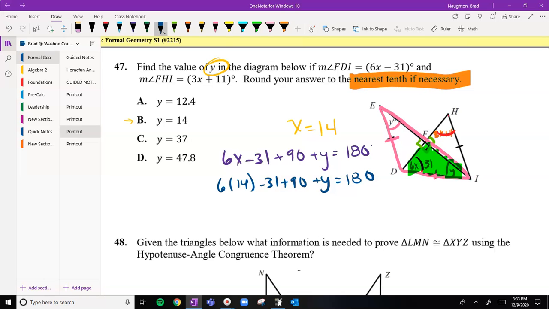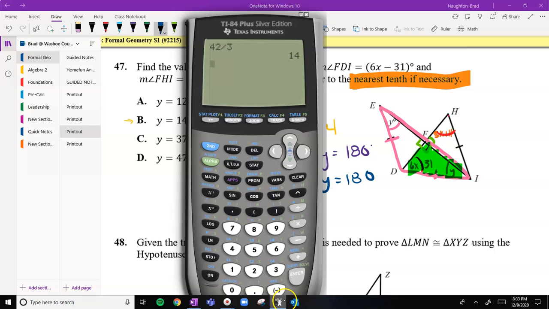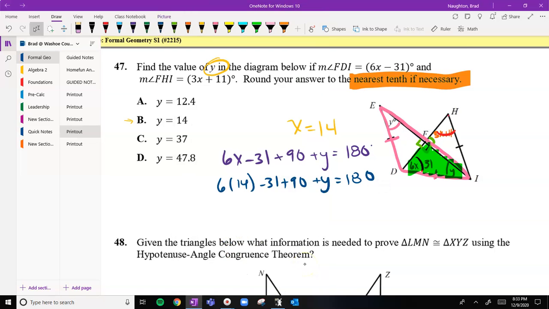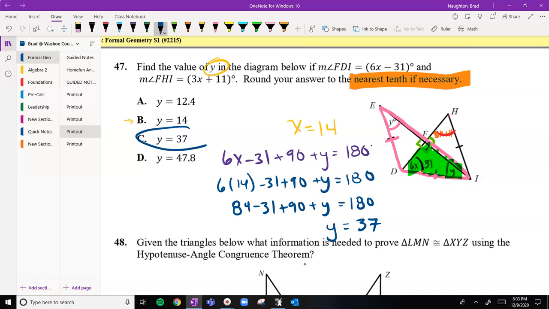So 6 times 14, 6 times 14, so that's going to be 84. Minus 31 plus 90, oh sorry, plus y is equal to 180. And then when I bring everything to the other side, I'm going to go ahead and get y is equal to 37.